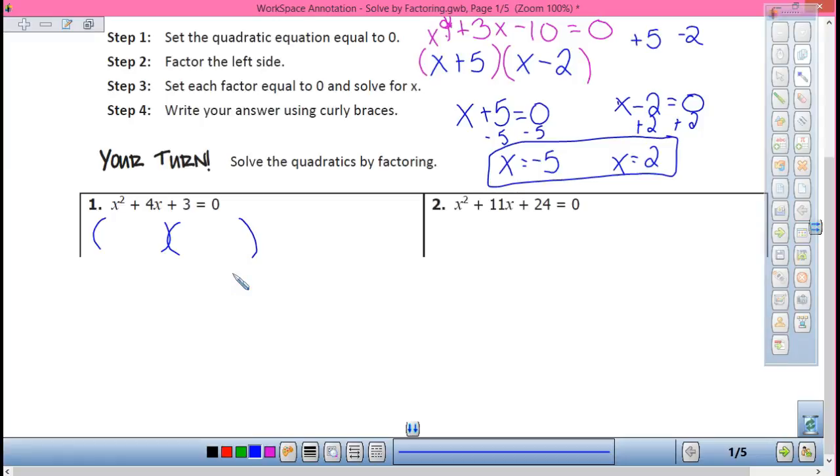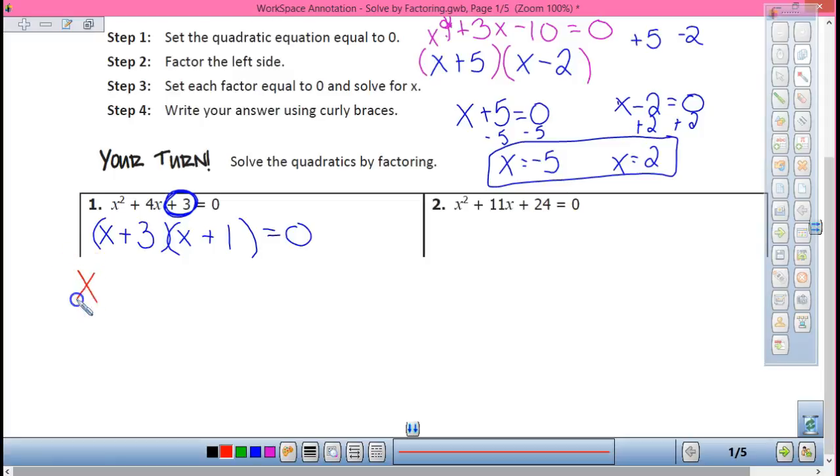What are my two factors? Oh, but time out, not 2 and 2, because they're going to be factors of 3. So x plus 3 and x plus 1, because does 3 plus 1 get me to 4? Yep. Okay, so this equals 0. So now what do I have to do with each one of my factors? Set them equal to 0.